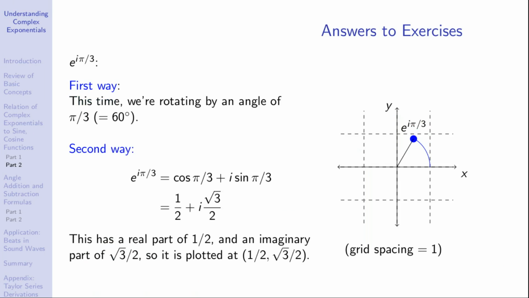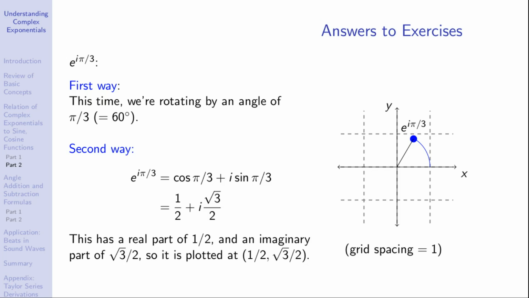Okay, next, e to the I pi over 3. The first way: this time we're rotating by an angle of pi over 3. That's 60 degrees. So our point is located on the unit circle at an angle from the x-axis of 60 degrees.